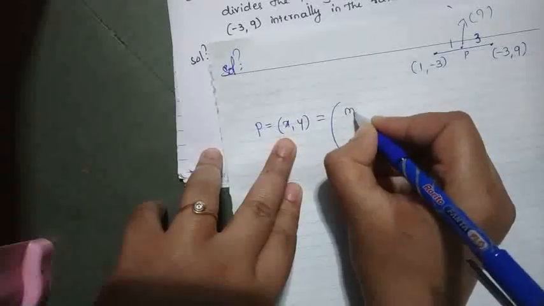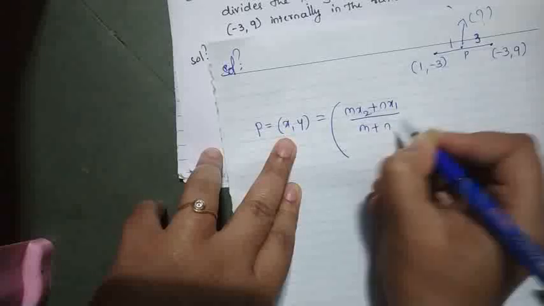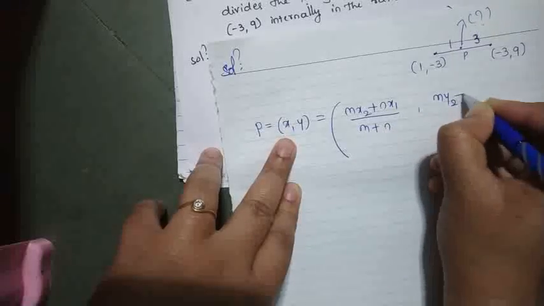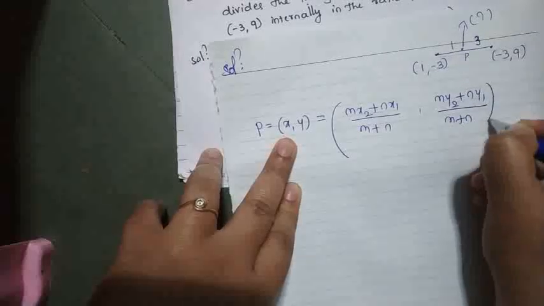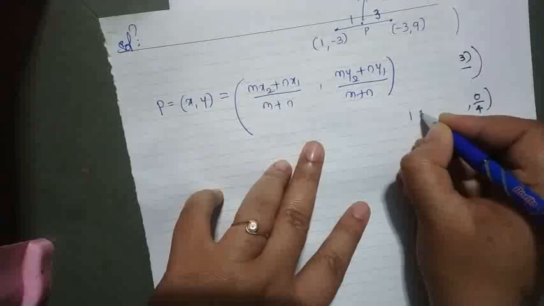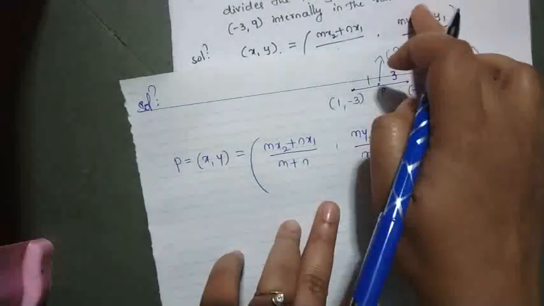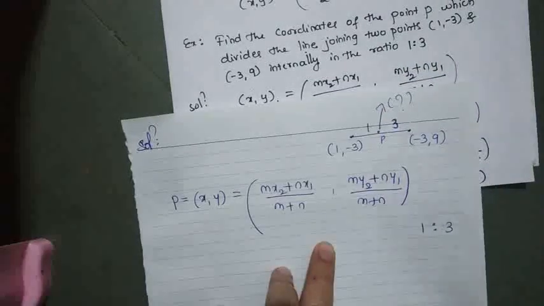Formula, what is the formula? mx2 plus nx1 by m plus n, my2 plus ny1 divided by m plus n. So m is to n is 1:3. Ratio is 1:3.